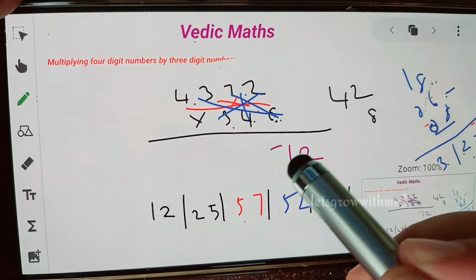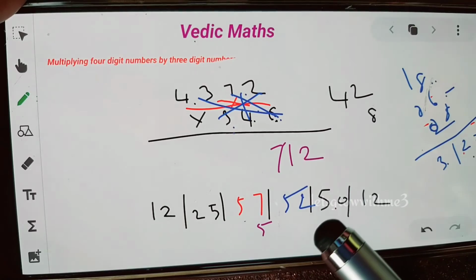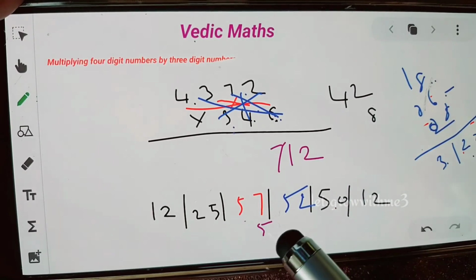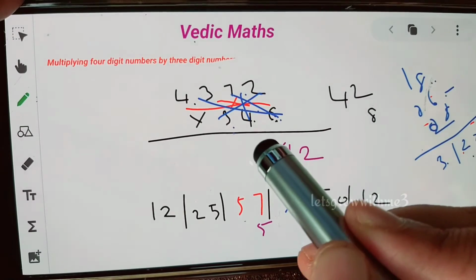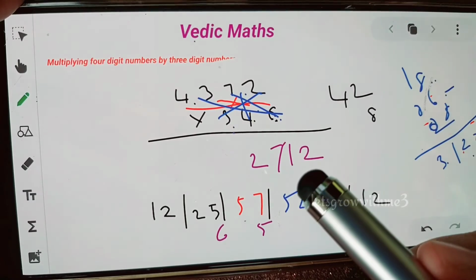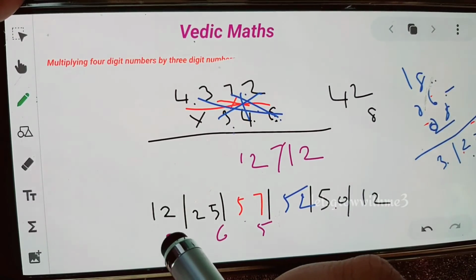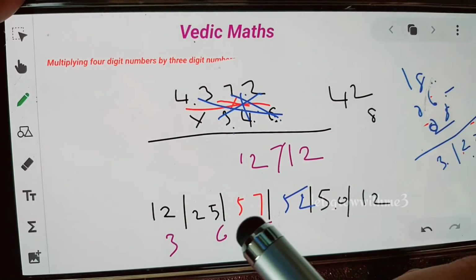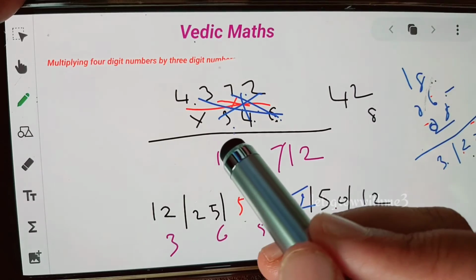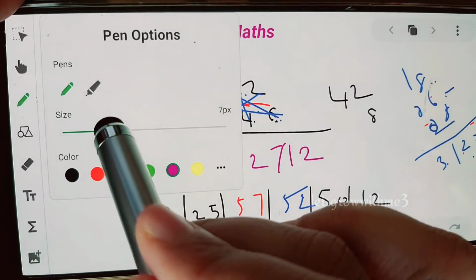Okay, and then my next number, you need to add 5 here, then it becomes 62, then 2 here, 6 here, then 25 becomes 31, and add 3 here, which is 15. So the answer is 1512712.